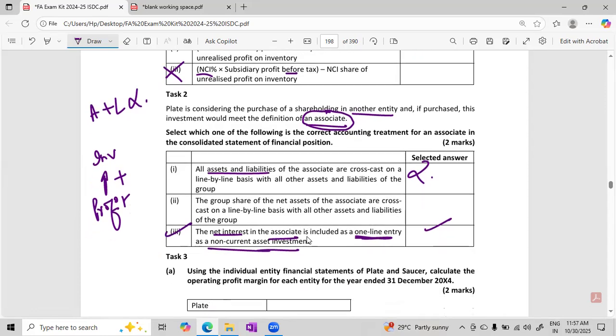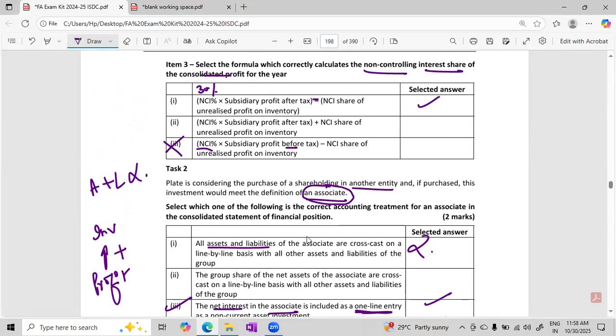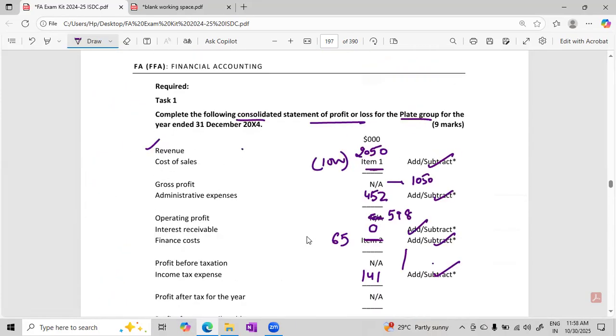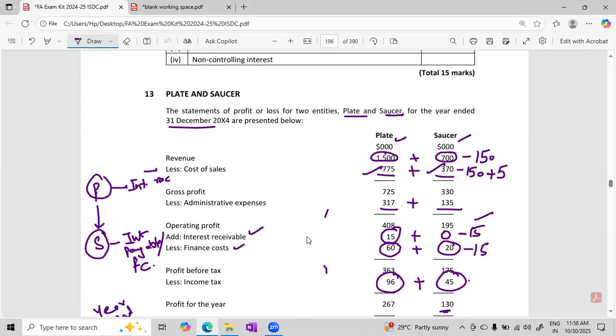Fine, let's move forward. Now, using individual financial statements, calculate operating profit margin for each entity. This is very easy, and we have to make the calculation to one decimal place. So let's calculate for both the companies using the individual information. The formula for calculating operating profit margin is operating profit, which is 408, upon revenue, into 100.